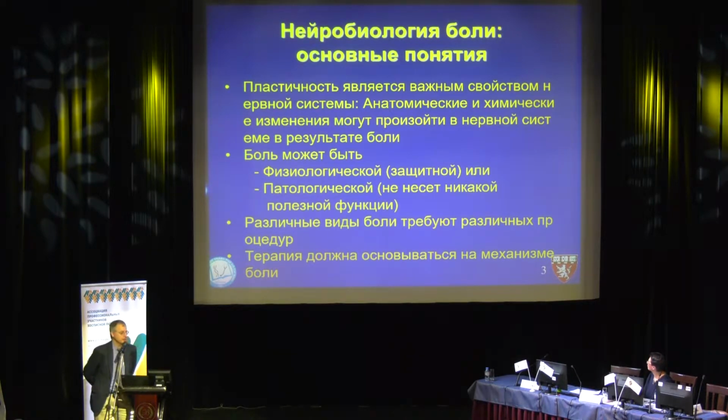And as the neurobiologists are telling us now, pain is not just a symptom. Pain can become a disease in itself because of lesions in the central nervous system, particularly at the level of the dorsal horn of the spinal cord or the thalamus or in the cortex.